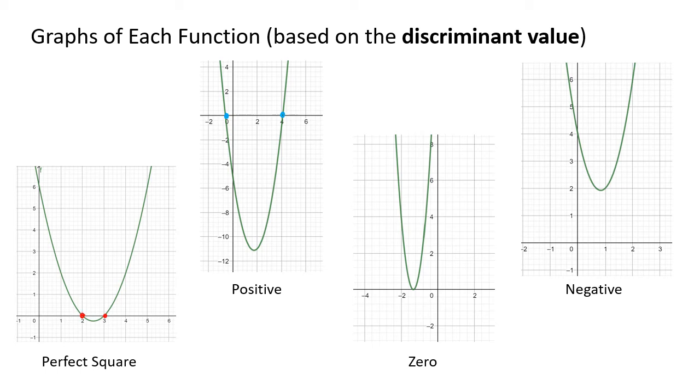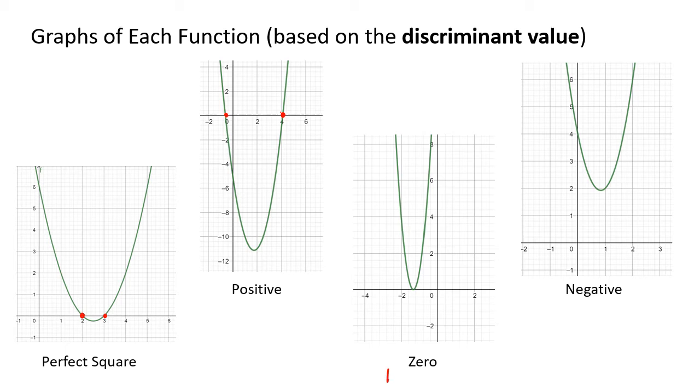Easy for you to see where they are. In the positive roots, you'll notice that maybe it crosses close. This is a little above 4. And in this case, maybe around -0.5. So they don't cross at those exact locations, but they still do cross the axes.